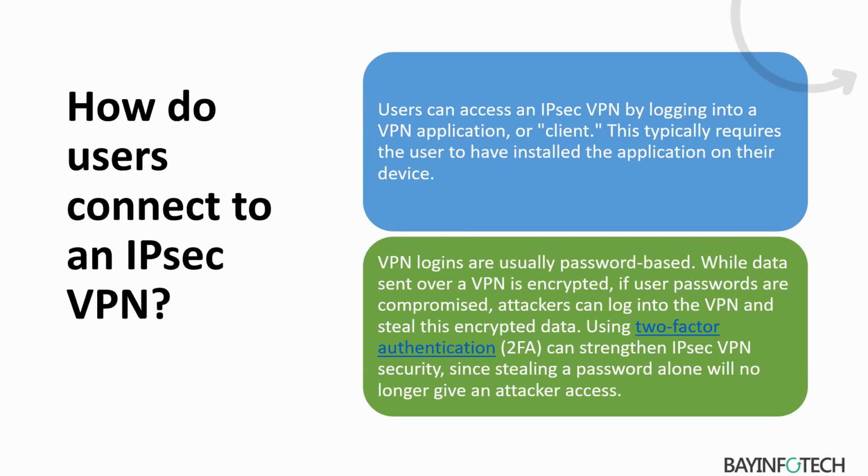While data sent over a VPN is encrypted, if user passwords are compromised, attackers can log into the VPN and steal this encrypted data. Using two-factor authentication can strengthen IPsec VPN security, since stealing a password alone will no longer give an attacker access.